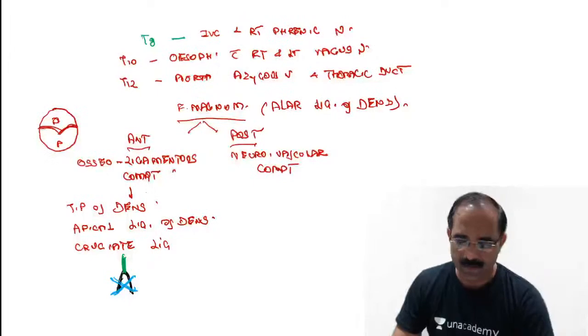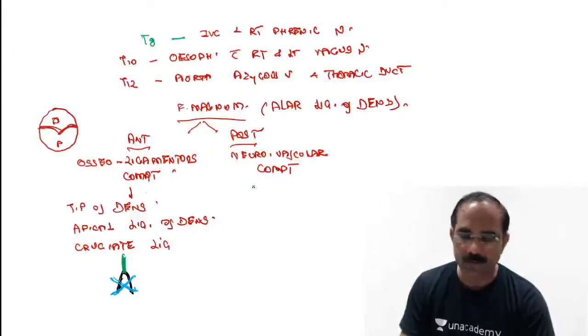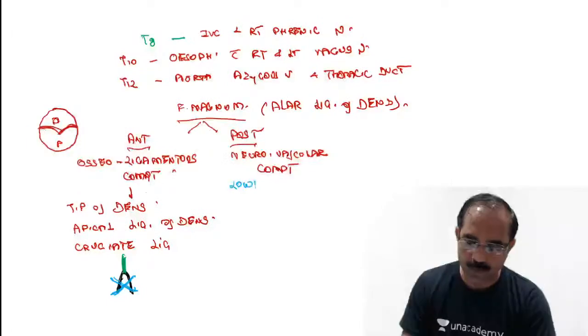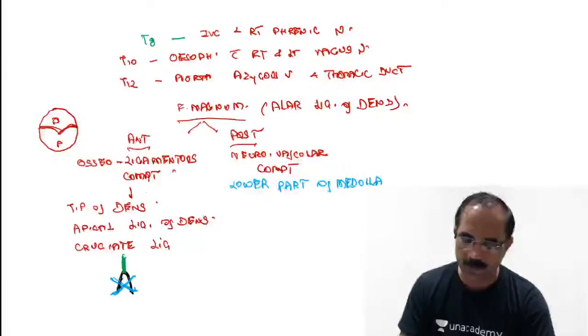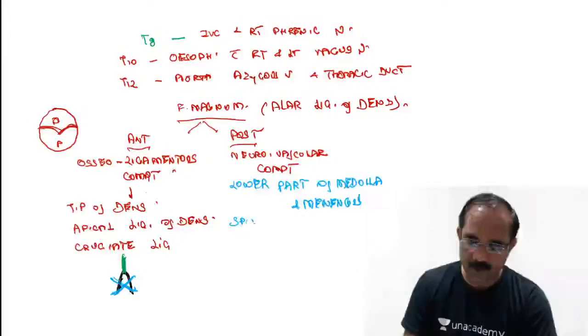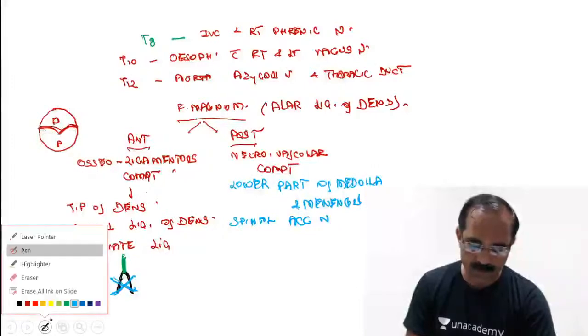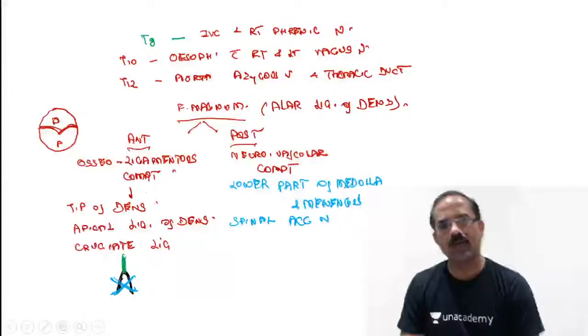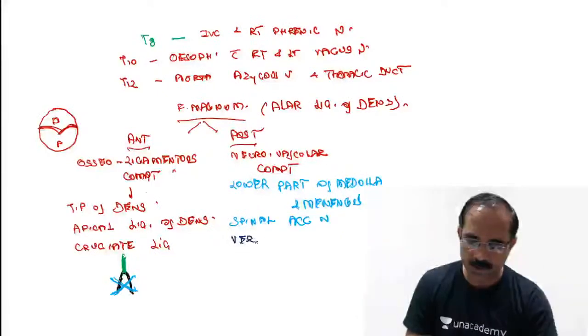Correct? Yes. The posterior compartment is the neurovascular compartment. What passes through it is the lower part of the medulla and meninges, the spinal accessory nerve, the vertebral artery and vein.